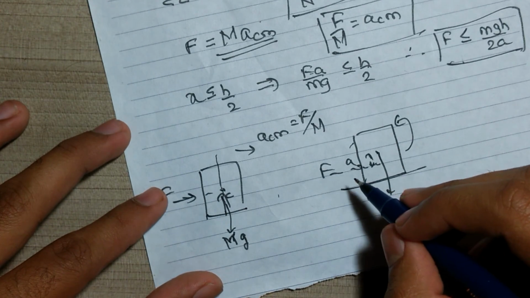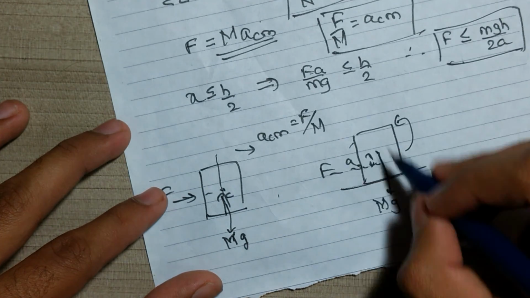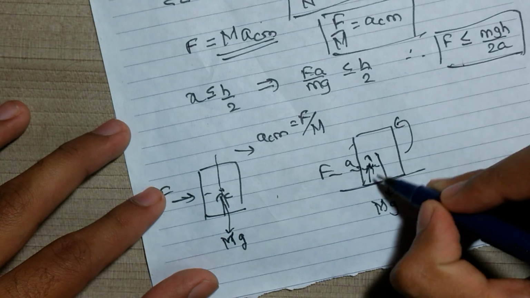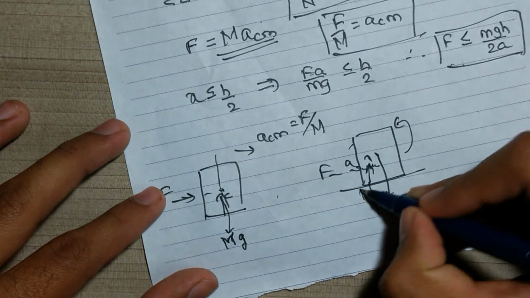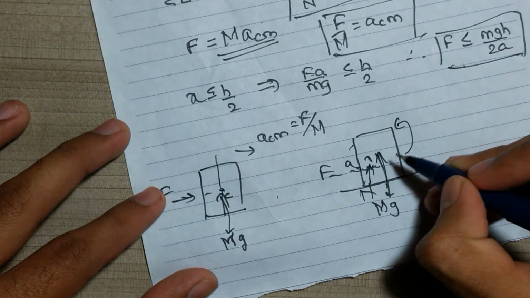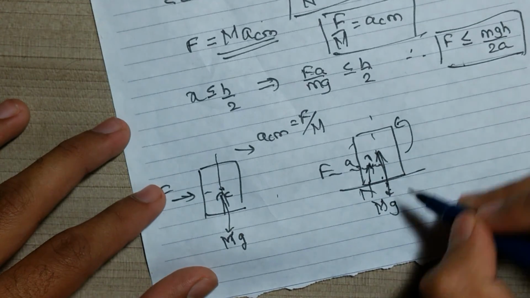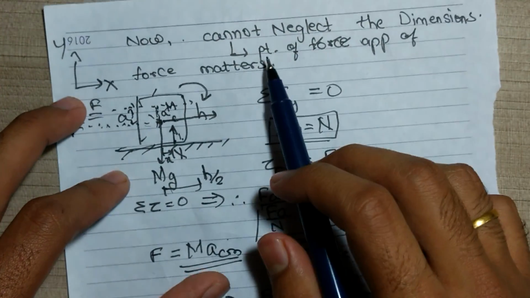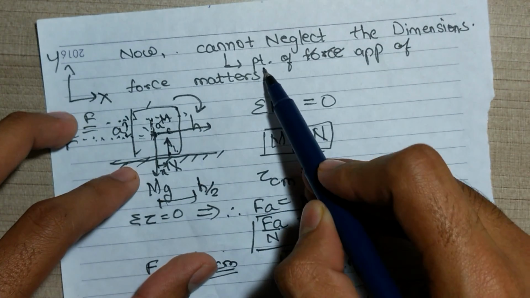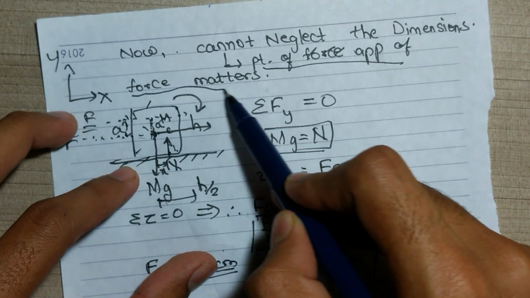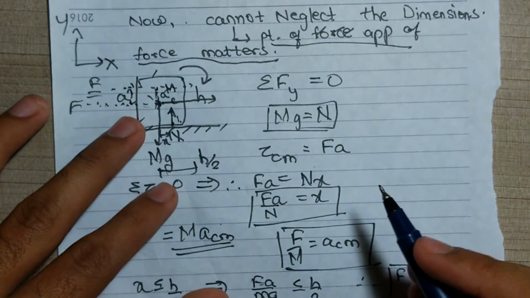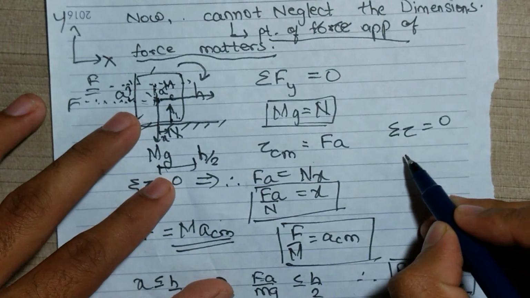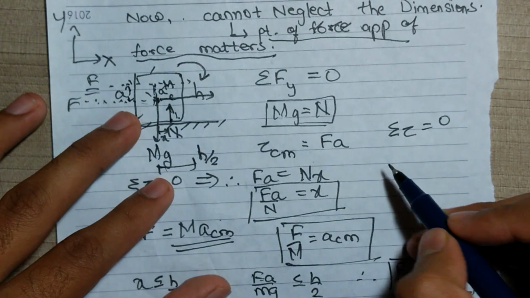So if the block doesn't topple, then the normal has to be shifted to the left side of the center of mass, from the line of the center of mass. Thus we come to know that in rigid body dynamics we cannot neglect the dimensions of the body, and that is why the point of application of force matters, and the condition of equilibrium is that net torque should be 0, and the normal doesn't always pass through the center of mass.